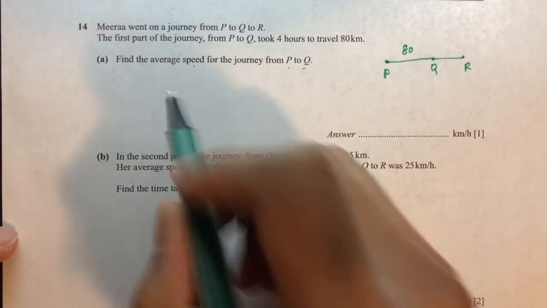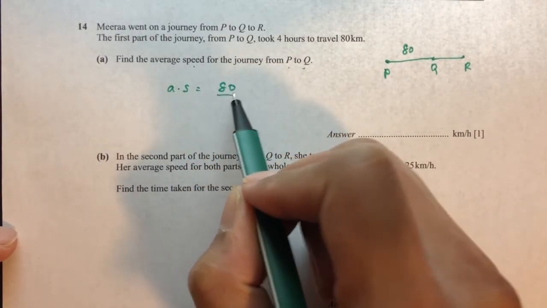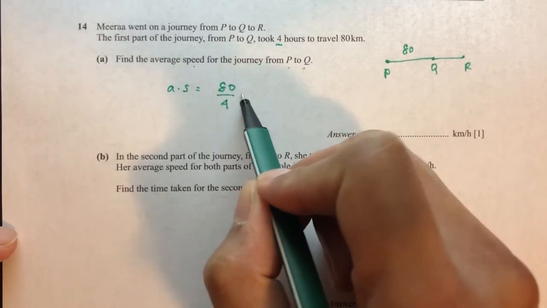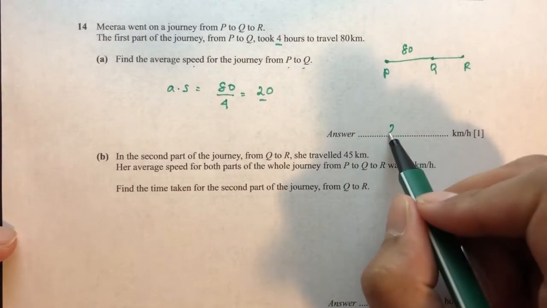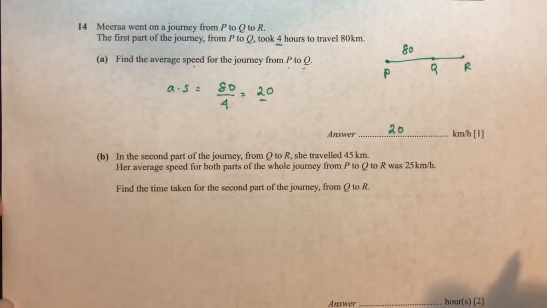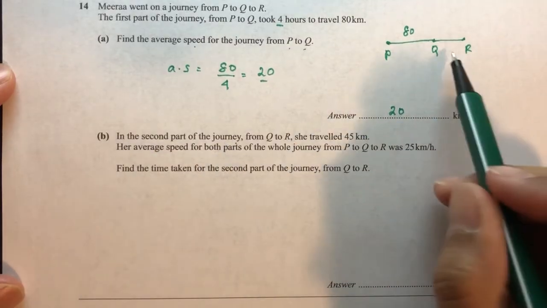Average speed is equal to distance traveled, which is 80, divided by time taken, which is 4 hours, is 20. Okay, so this one will be 20 kilometers per hour for the average speed taken. Part B, in the second part of the journey from Q to R, she traveled 45.